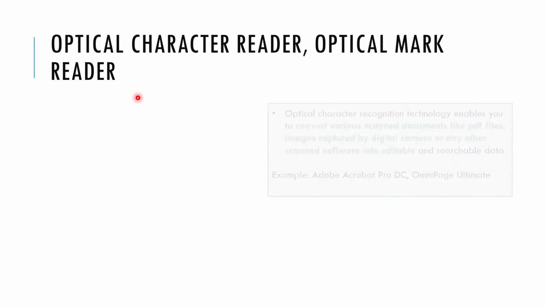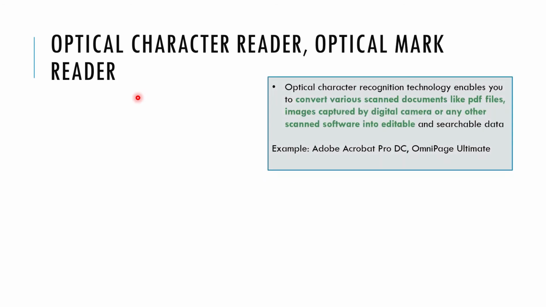So let us discuss first about the optical character reader. Optical character recognition technology enables you to convert various scanned documents like PDF files, images captured by digital camera, or any other scanned software into editable and searchable data.